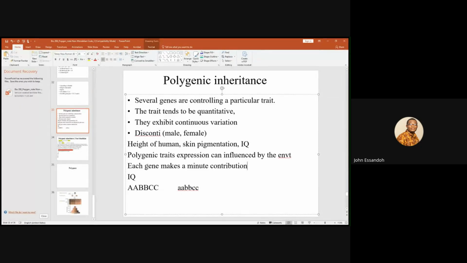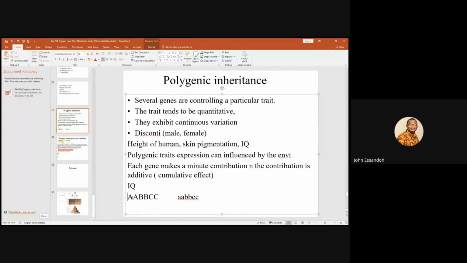When we talk of minute contribution, what do I mean? It means each gene makes a contribution that is additive. So it has a cumulative effect. Cumulative effect. So it's additive. So every gene will make a minute contribution.